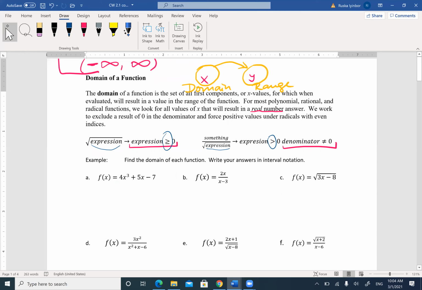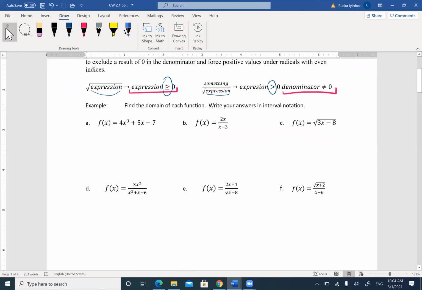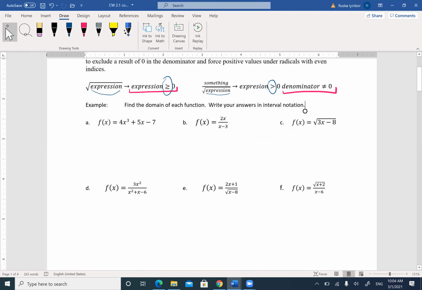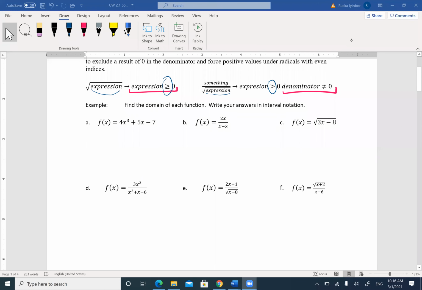Let me do some examples. So let's go over why you have all these restrictions on the domain. When you have a square root, everything inside of the square root has to be positive, because when you take the square root of a negative number, it's going to give you an imaginary number, and in these functions we're working only with real numbers.